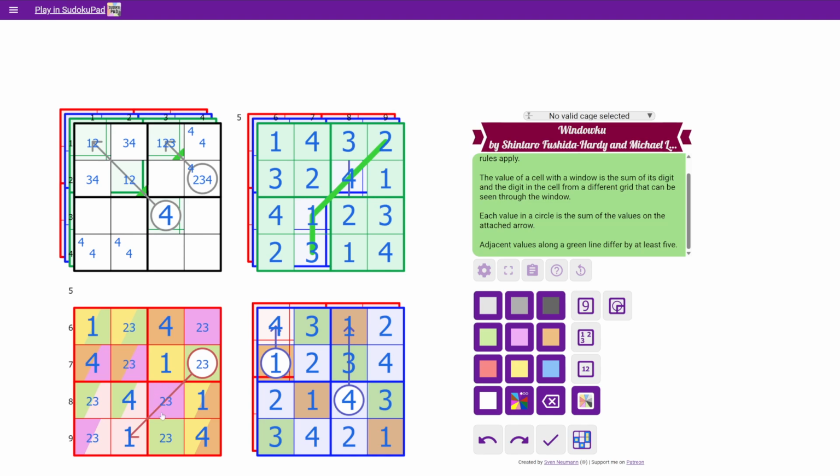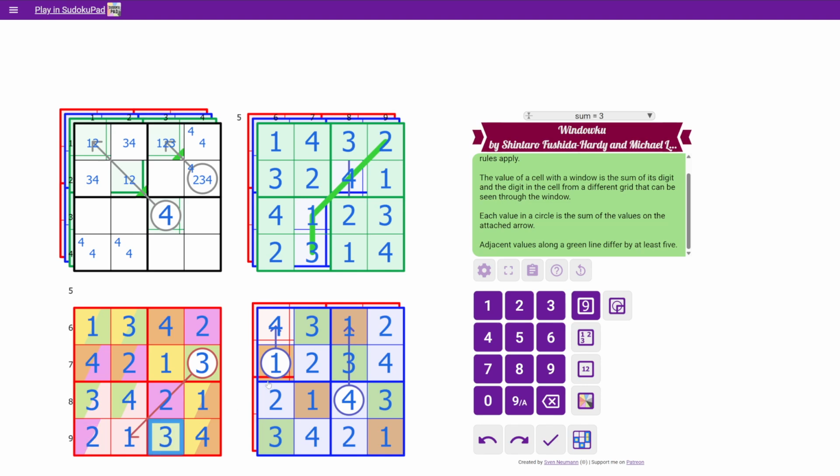Okay. What else? Why isn't this resolved? This is gonna be a 2. This is resolved. I just didn't finish my arrow. So it looks like that. Nice. That's 3 out of 4, I think.